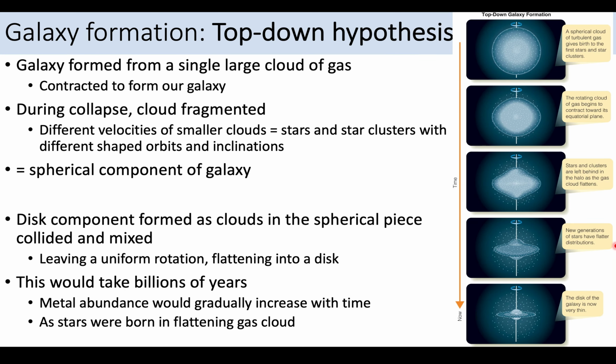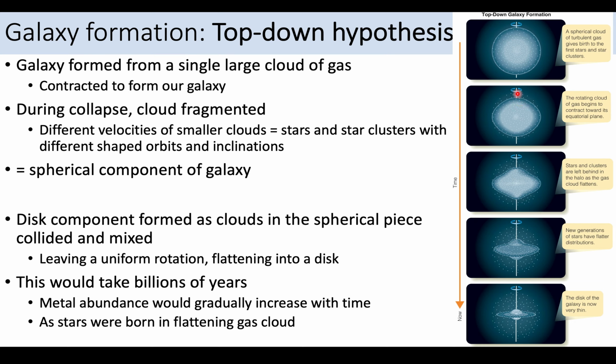So first, the top-down hypothesis is the idea that the galaxy formed from a single very large cloud of gas. And that cloud of gas, these figures on the side are from the textbook, contracted, got smaller to form our galaxy. So during the contraction, it didn't contract evenly. The cloud actually fragmented.